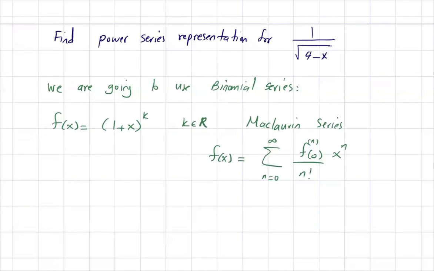We take the first derivative and evaluate it at 0, which is k times 1 plus 0 to the power k minus 1, which gives you k.